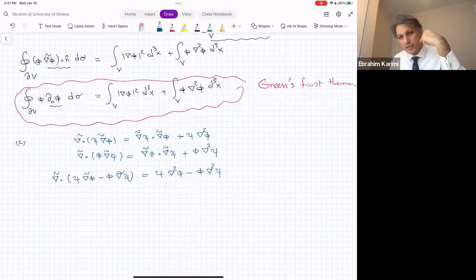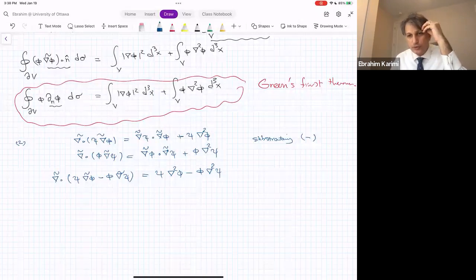There is a common term on the right-hand side, which will cancel out. And remember that the second term is negative, so the term that starts with phi also will be negative. I'm subtracting these two, which means that it goes with the negative sign. So far, so good?